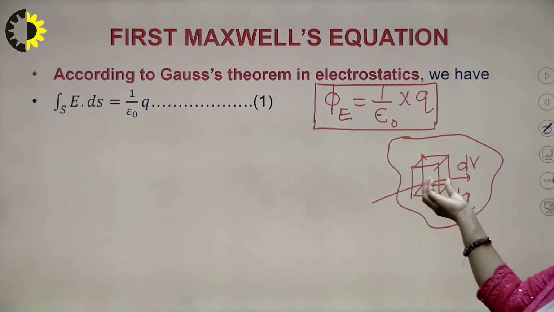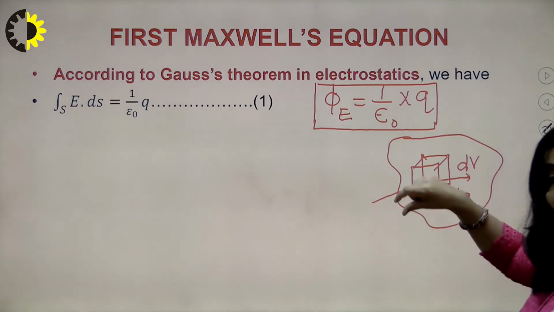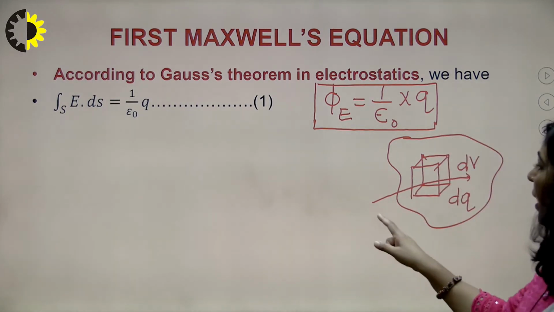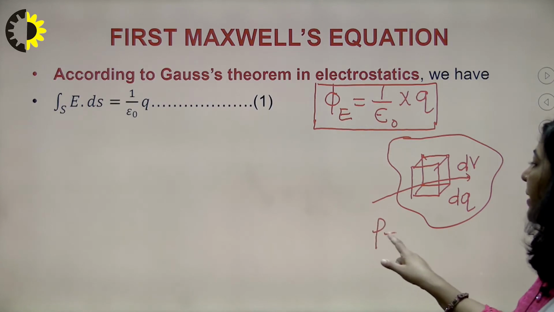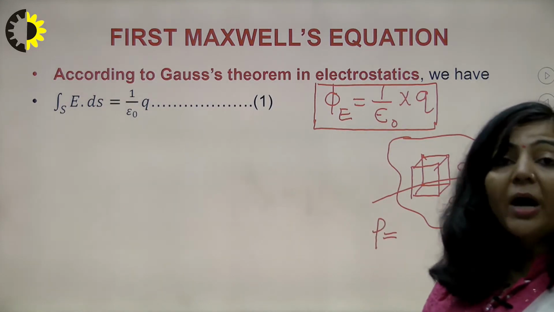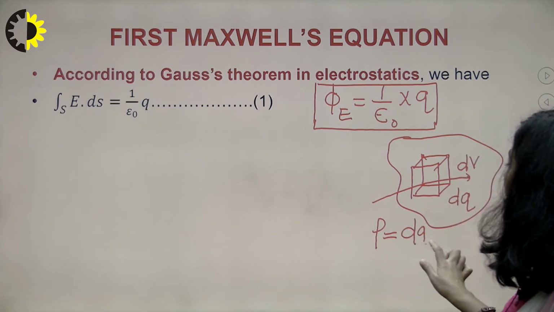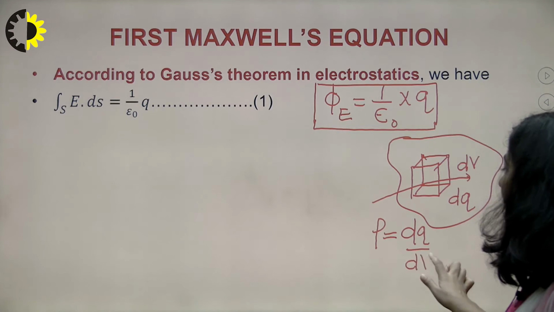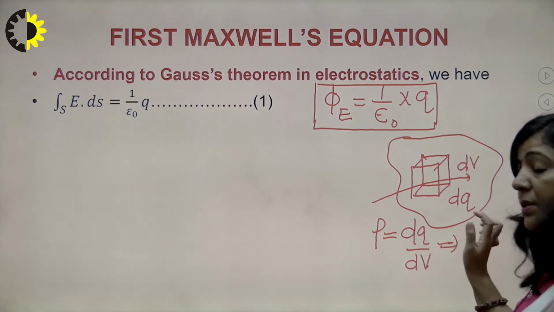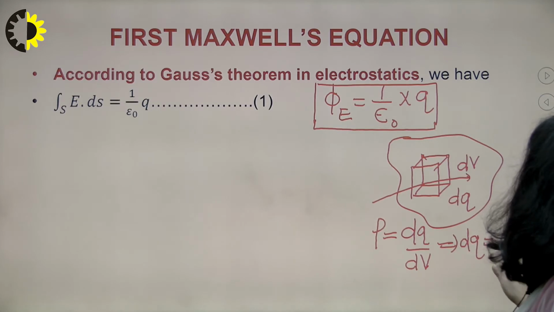If rho is the volume charge density, that is charge over volume, so rho will be equal to dQ upon dV. So what is dQ? It will be rho dV.